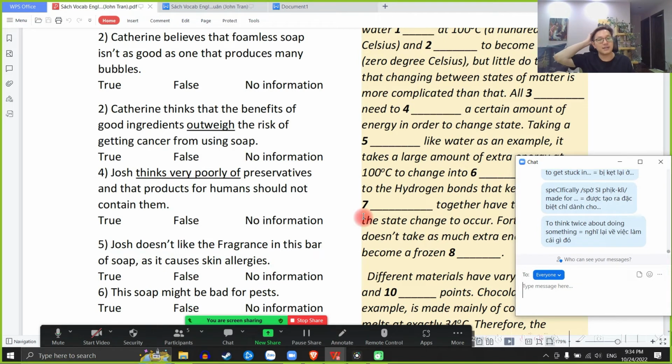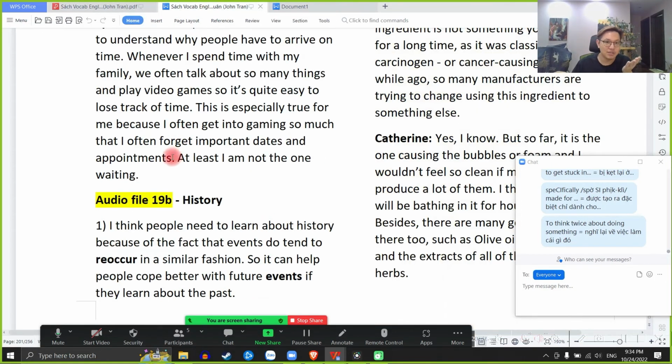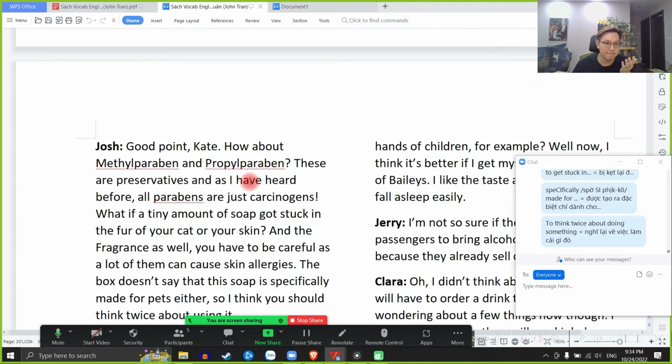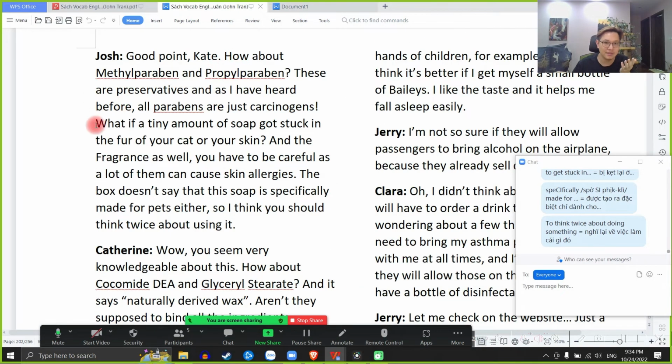Number 4, Josh thinks very poorly of preservatives and that products for humans should not contain them. It's true, because look at this one. Josh talks a lot of bad things about parabens, right?